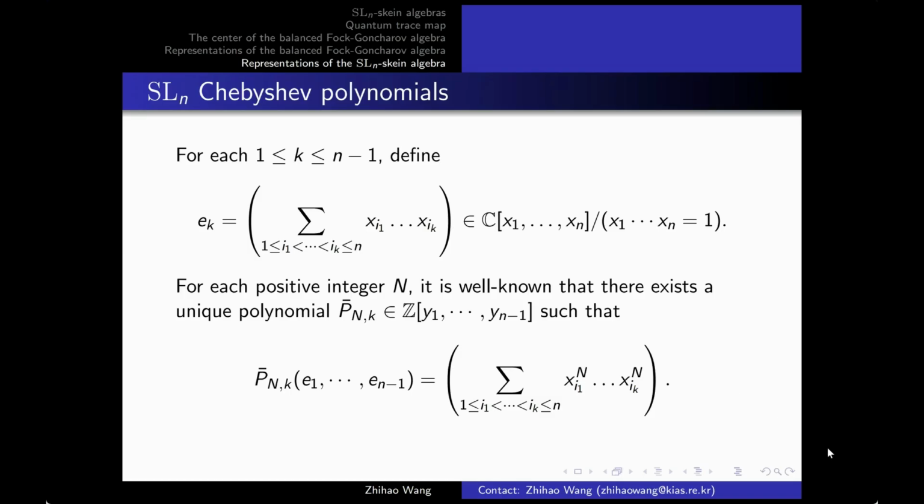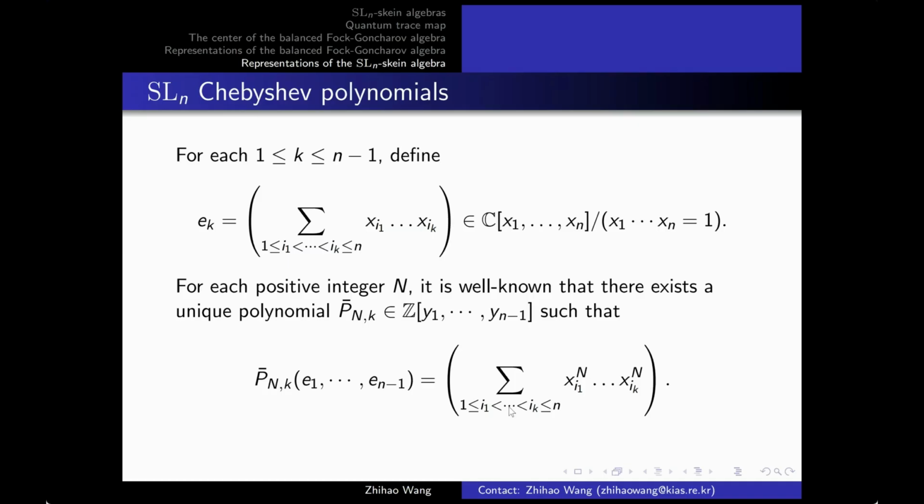We use e_k to denote the k-th elementary symmetric polynomial in the variables x_i. Of course, this e_k lives here, not in this polynomial ring, because we impose the constraint that the product of x_1 through x_n is 1. It just means the n-th elementary symmetric polynomial is 1. Then for each positive integer m, it is well known that there exists a unique polynomial P-bar_{m,k} such that we have this equation.